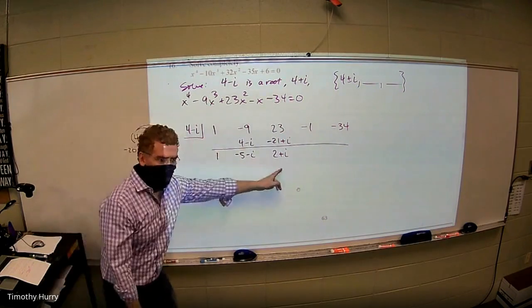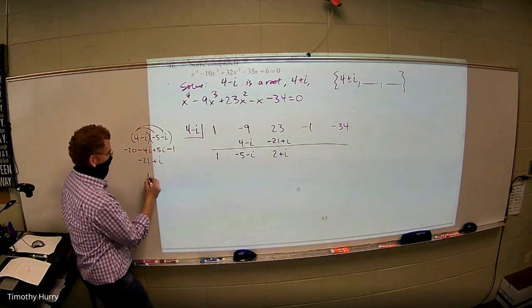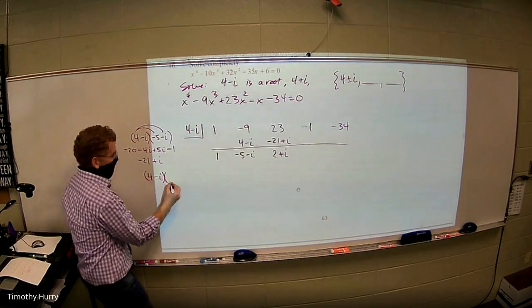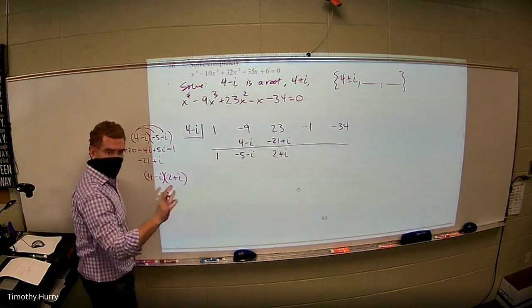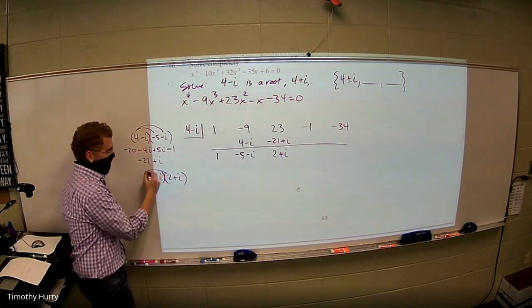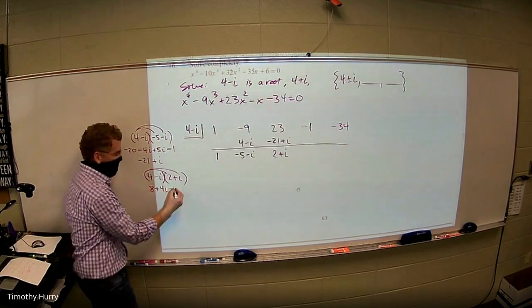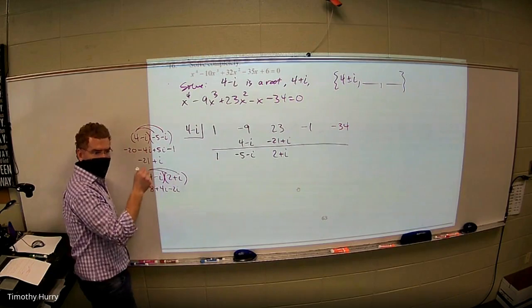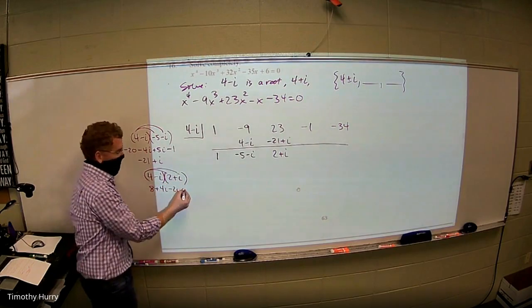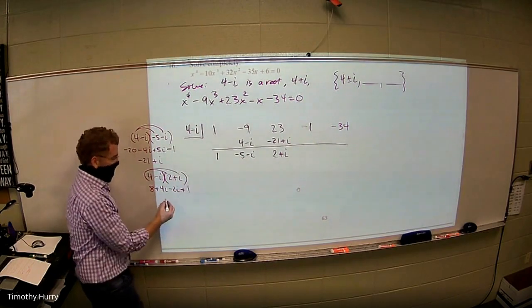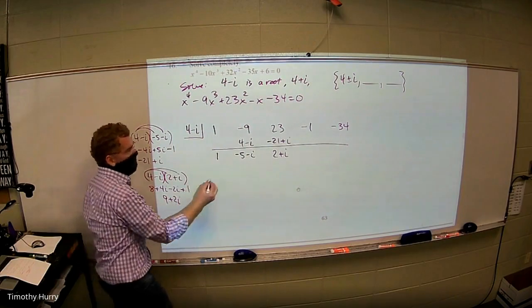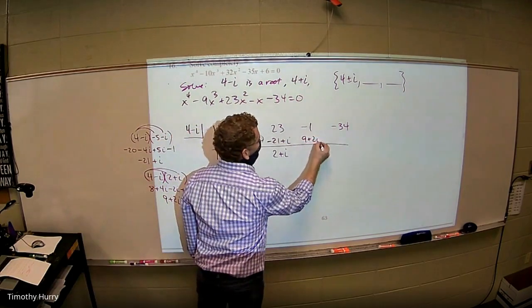Crap, I gotta multiply again. All right, second step that's ugly. 4 minus i, 2 plus i. Slow it down. 8 plus 4i minus 2i minus i squared plus 1. 9 plus 2i. 9 plus 2i.